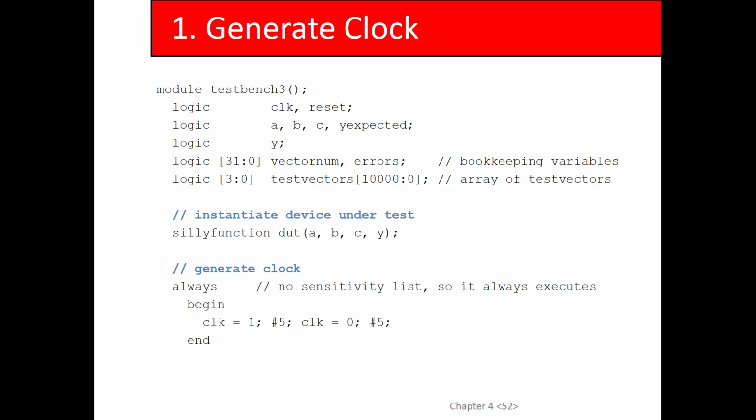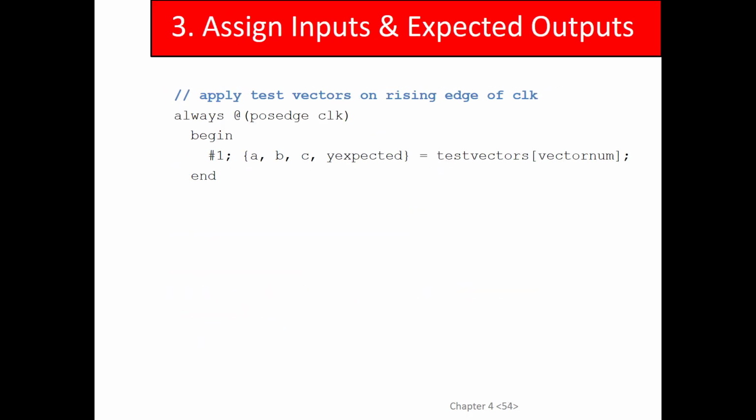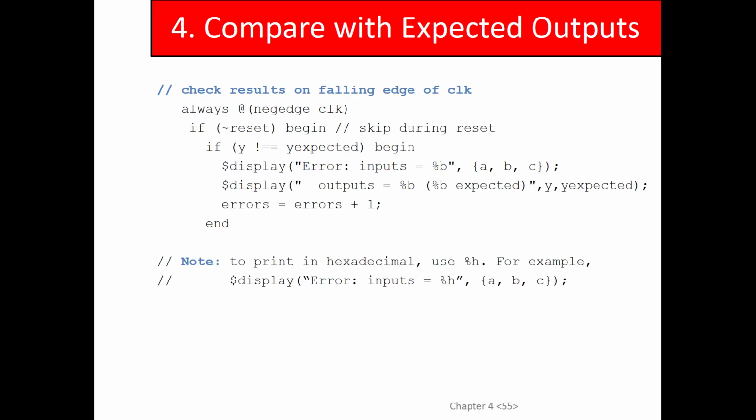Once they index the test vector, they assign it to these local signals on the positive edge of the clock, and on the negative edge of the clock, they read it, right? So everything works together to create what is essentially a for loop.